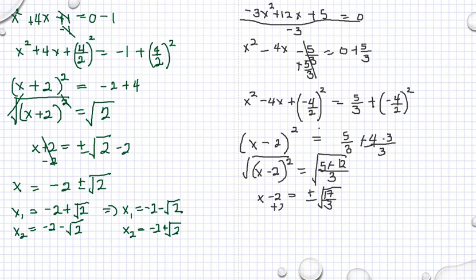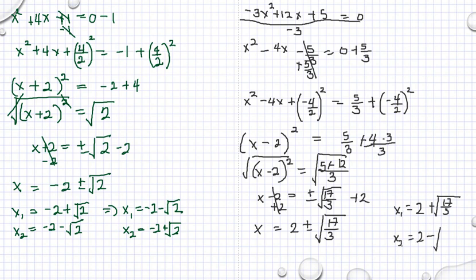If we add 2 to both sides of the equation, then we have x is equal to 2 plus minus the square root of 17/3. And then our x sub 1 is 2 plus the square root of 17 divided by 3. And x sub 2 will be 2 minus the square root of 17 divided by 3.